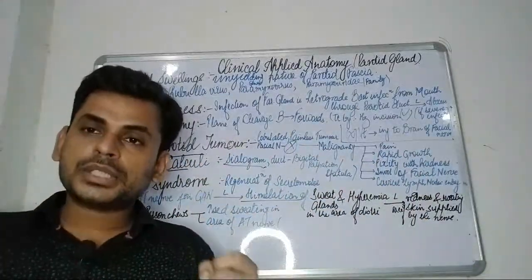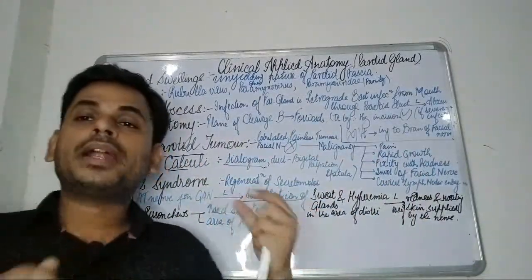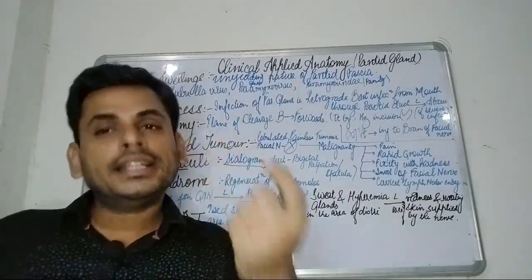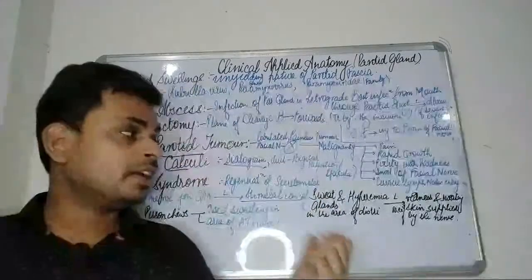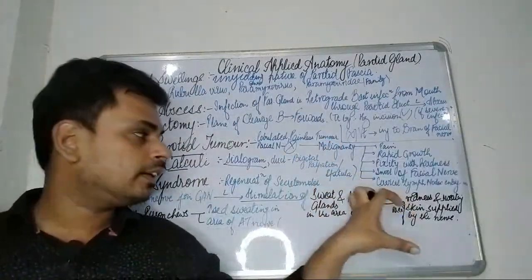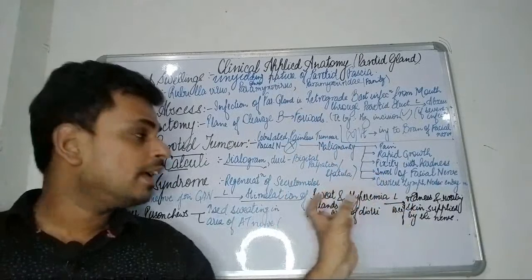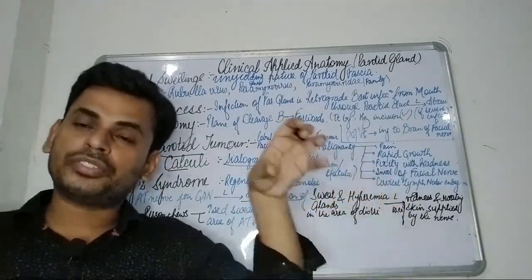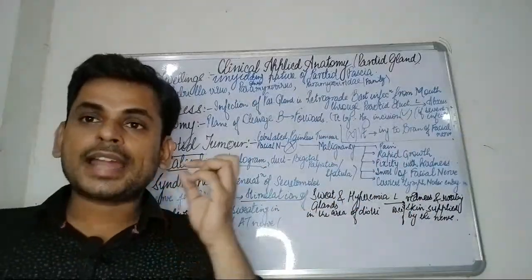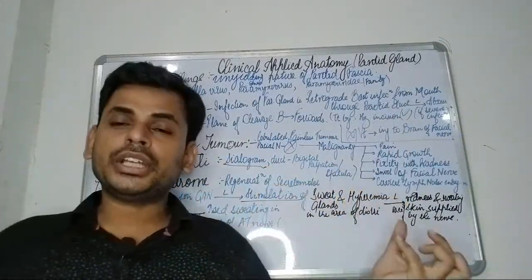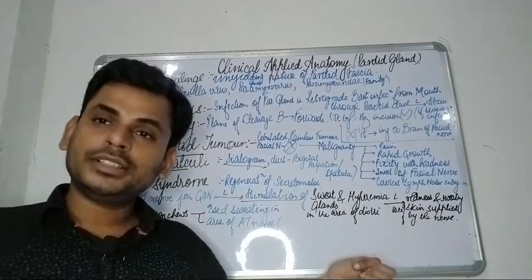That leads to stimulation of the sweat glands and hyperemia in the area of distribution of the auriculotemporal nerve. So there is redness and sweating in the area of skin supplied by the nerve.